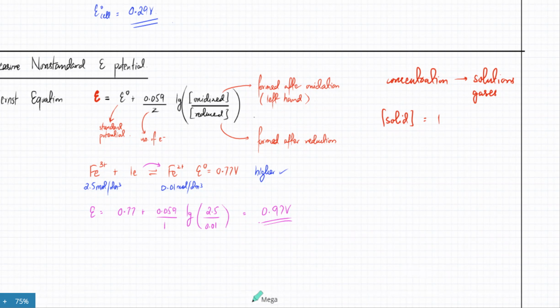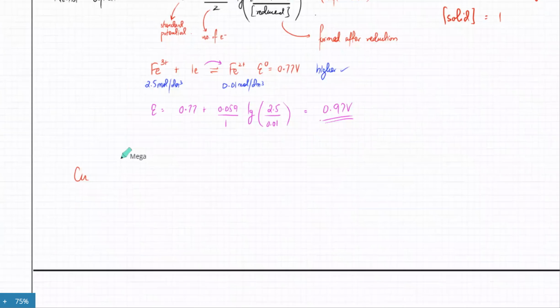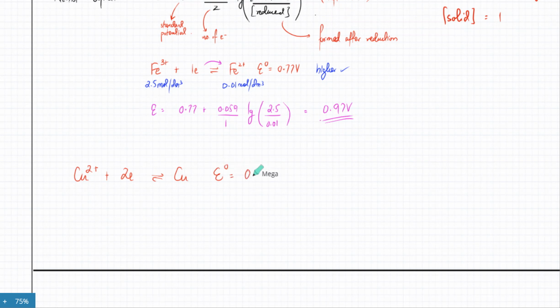happen to the potential. So here's another reaction, and in this reaction, there's an equilibrium reaction. I've got copper 2+, which gains 2 electrons and is in equilibrium with copper. And the data booklet gives the standard potential as 0.34 volts.